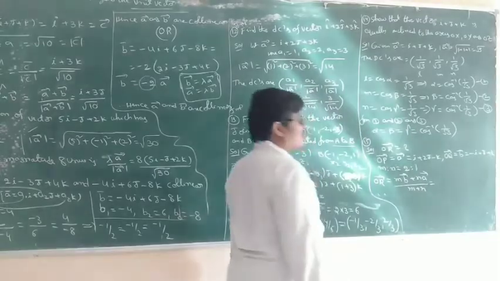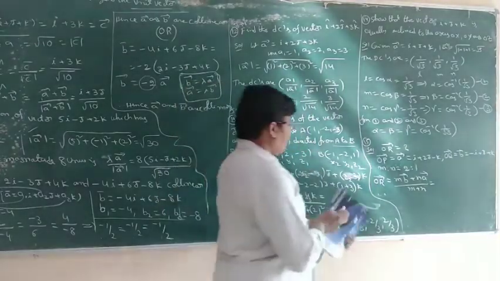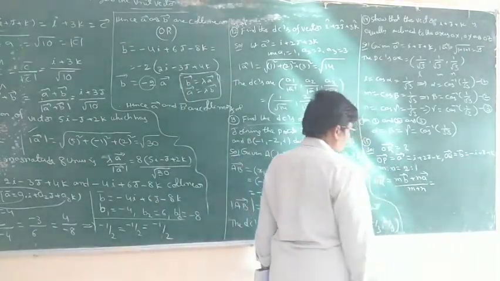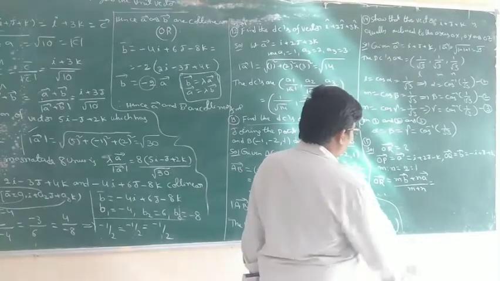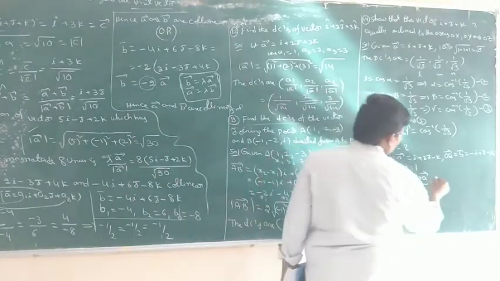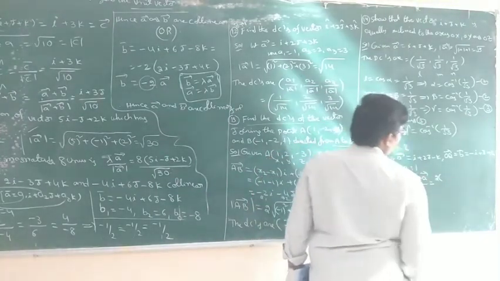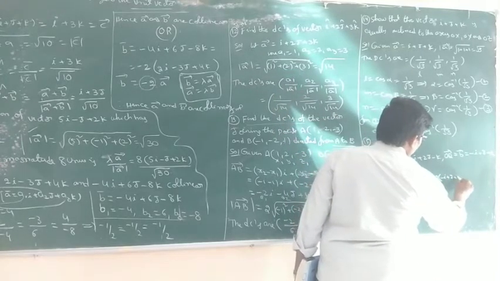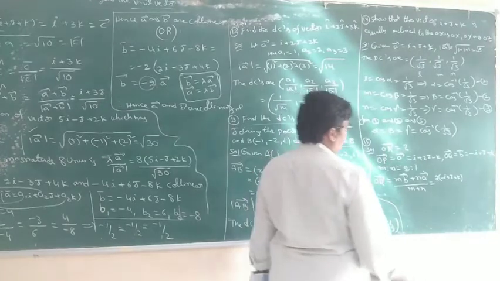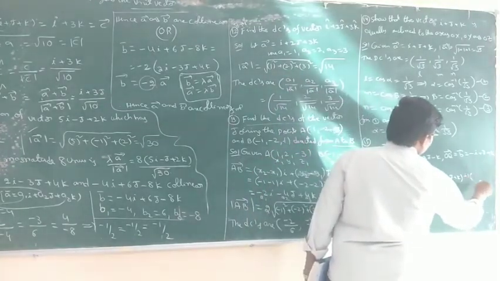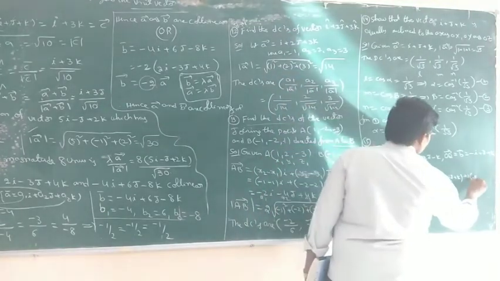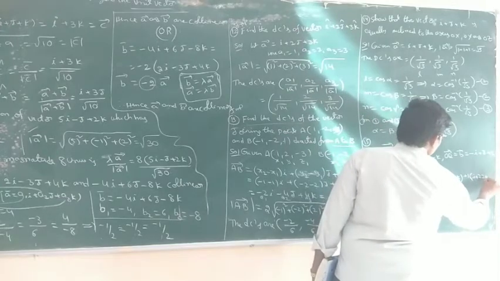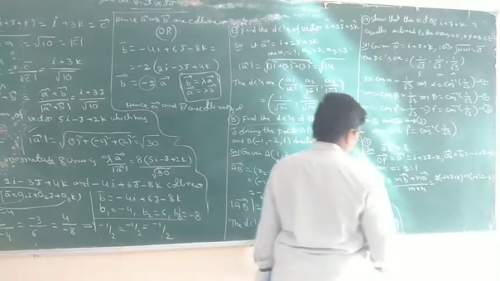So m into B bar, what is m? m means 2. 2 into B bar, which is minus i plus j plus k. Plus n is equal to 1 into A bar. A bar means i plus 2j minus k.